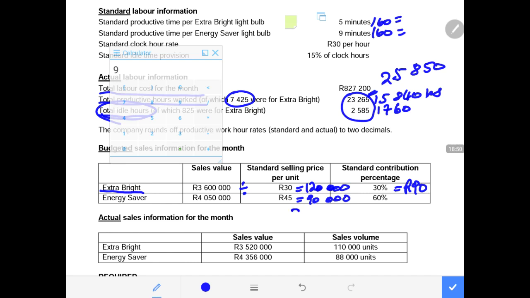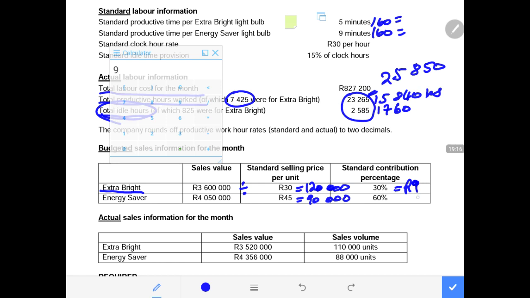Therefore, the selling price of 30 rand minus 21 rand of variable cost will give us 9 rand, which is 30% of our sales.